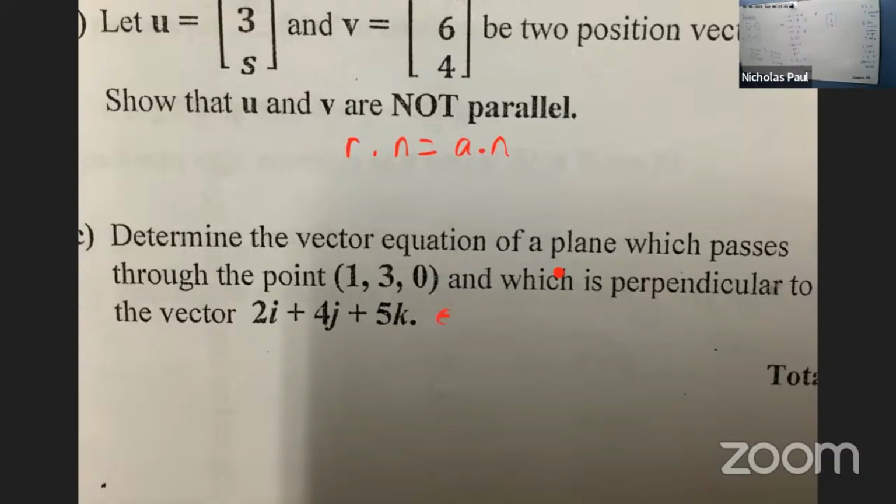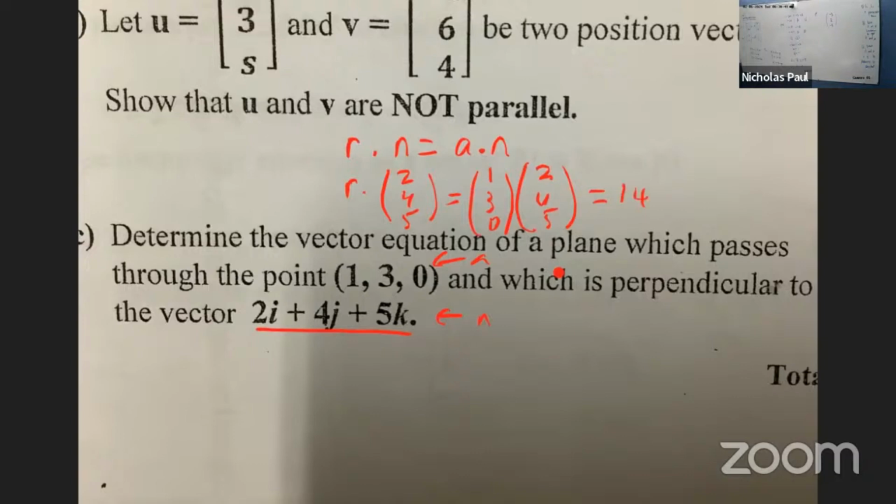Right? N is the perpendicular vector, and A is what? Point. R by N is here. That's 2, 4, 5. All right, 14. That's the vector.